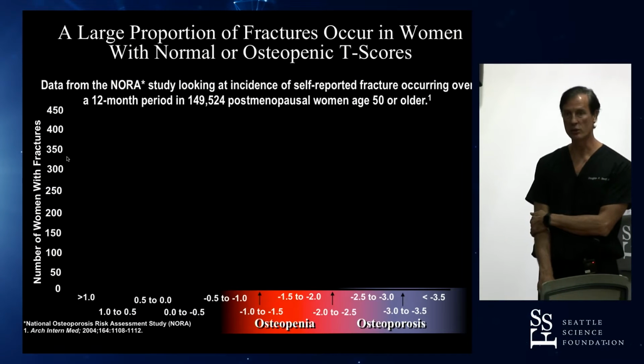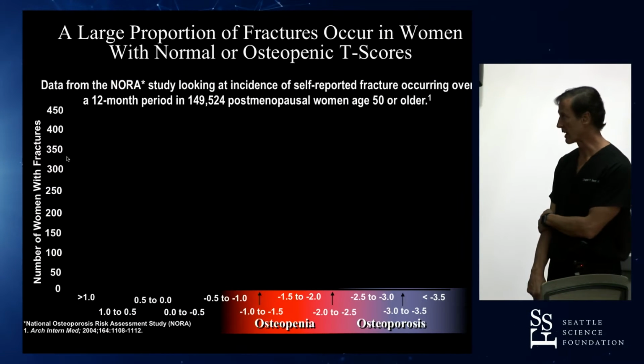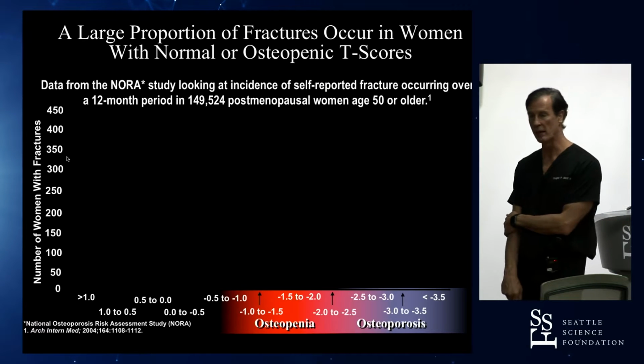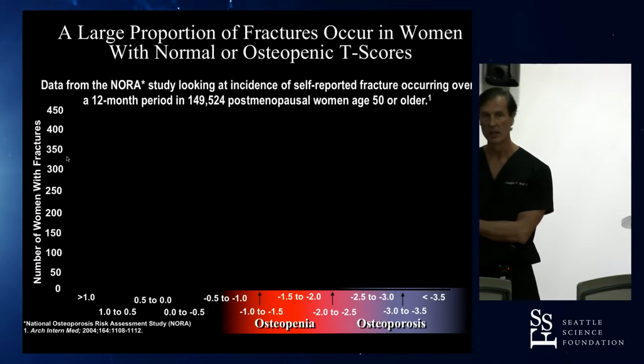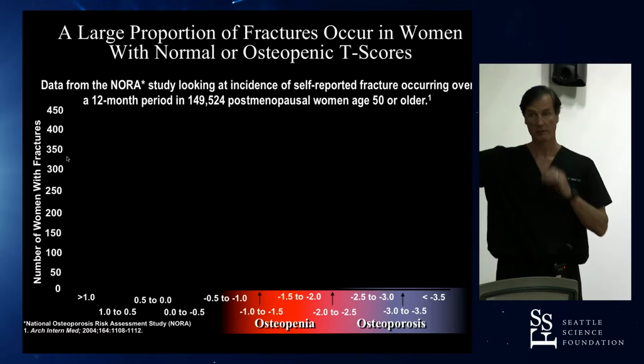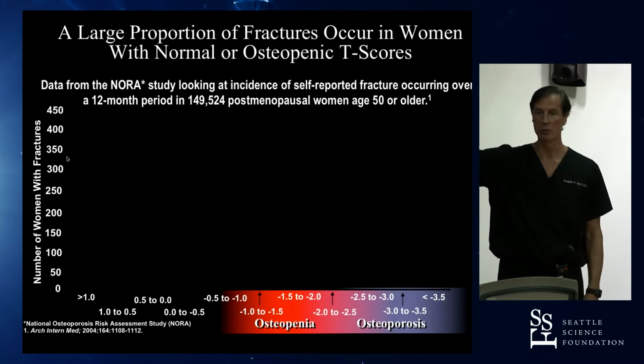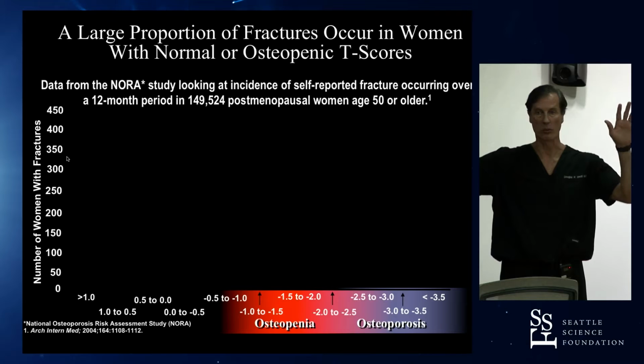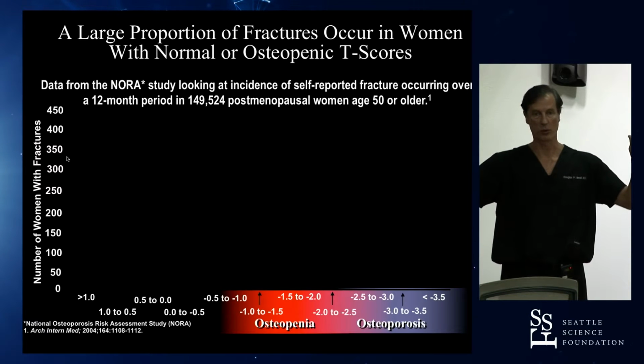So if you were to take 2 groups, and this is DEXA data from the NORA study, you may know where this is going already. One group has T-scores less than -2.5 by DEXA scan, obviously the DEXA definition of osteoporosis. The other group is osteopenia and normal. Which group gets more fragility fractures?